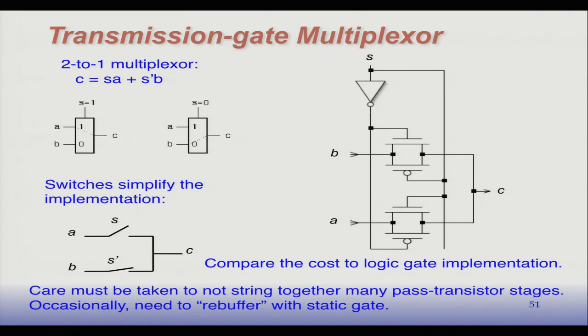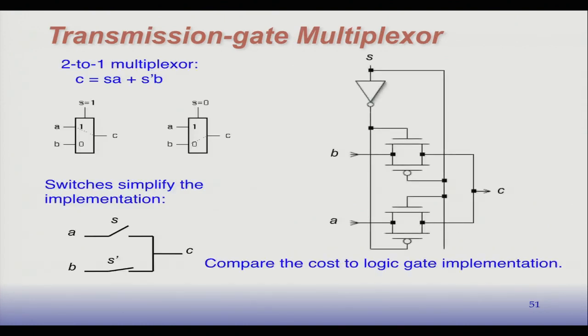If we cascade a bunch of these circuits together, we can get a long delay because we get a long string of these transmission gates. And the delay on that type of structure is going to grow with the square of the number of transmission gates in series. So occasionally then what we would do is break the chain and put a rebuffering, an inverter or some other circuit in there that connects to VDD and ground.